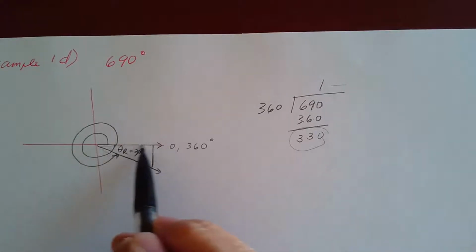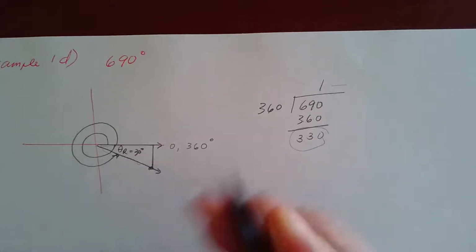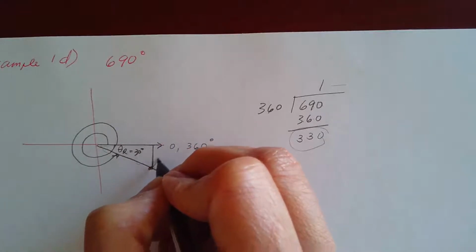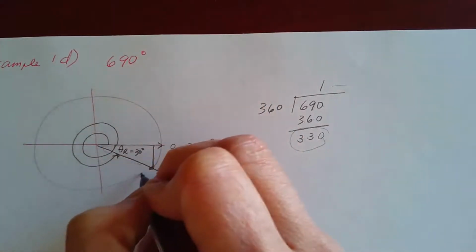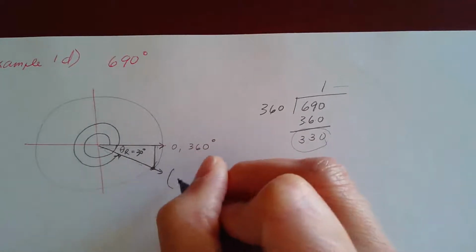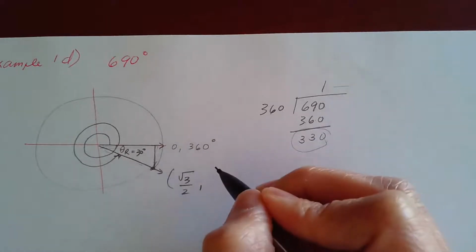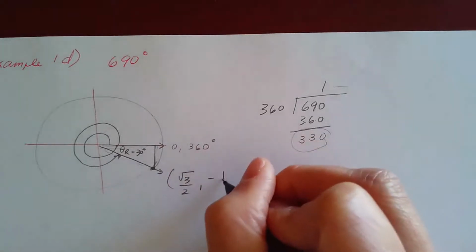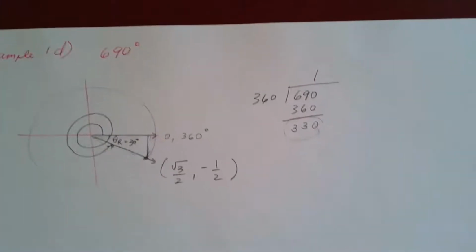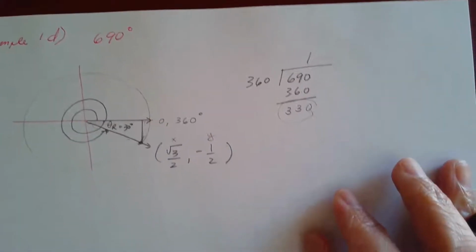So that means this is going to be at that point on a unit circle, which is root 3 over 2, comma, negative 1/2. So this is my x, and this is my y.